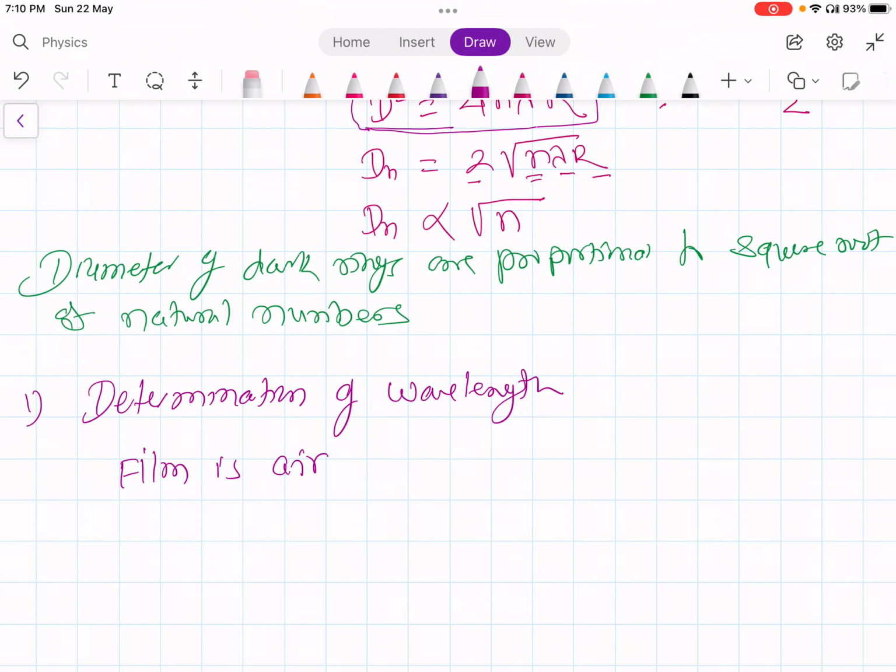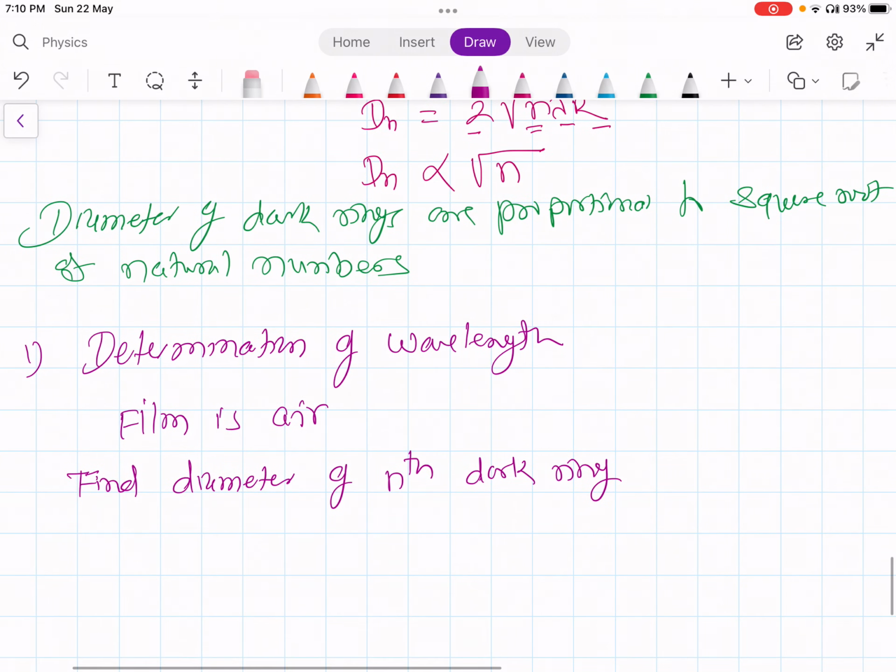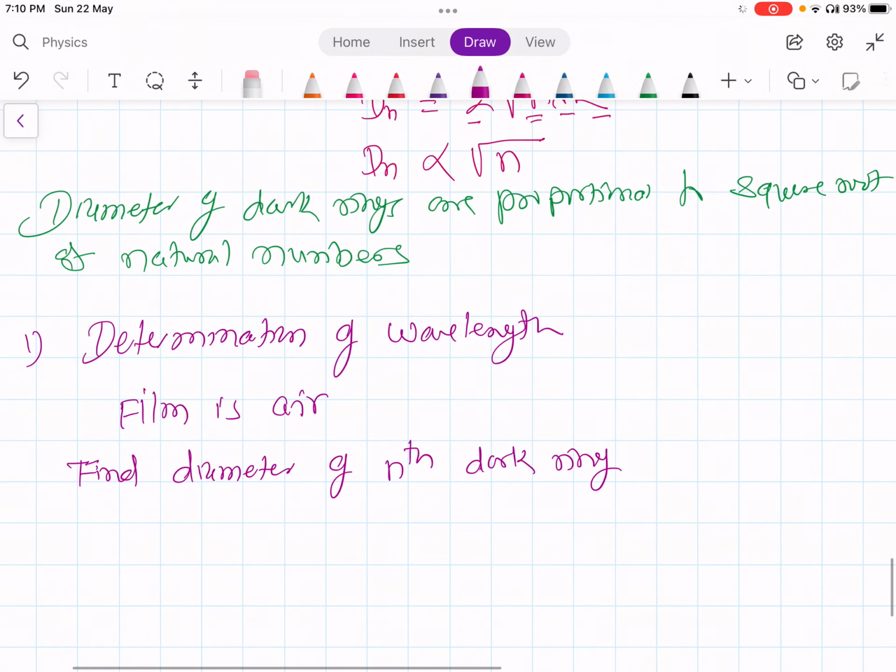And we have to find the diameter of the nth dark ring, and that is given by the equation: diameter square of nth ring is equal to 4n lambda R. As you see in this equation, lambda is the wavelength, capital R is the radius of curvature of the lens, n is the ring number.